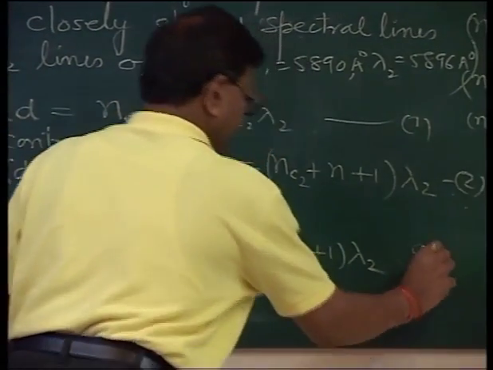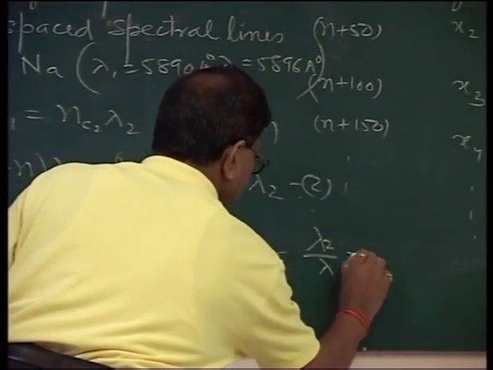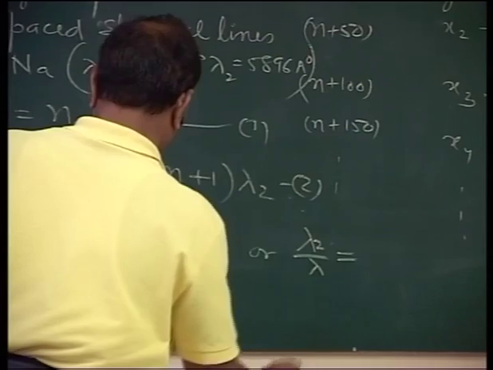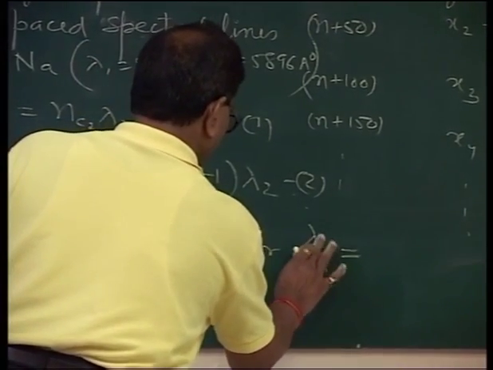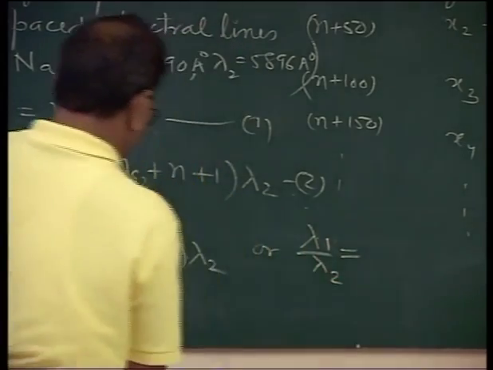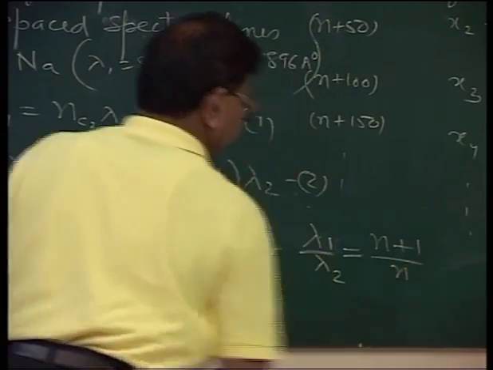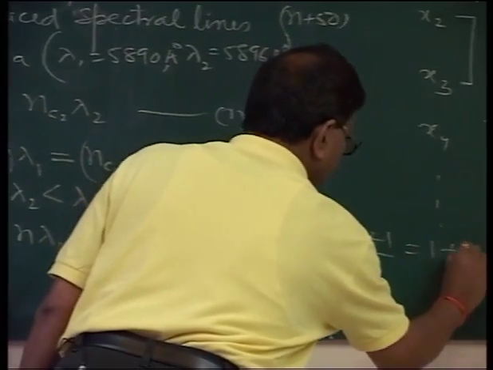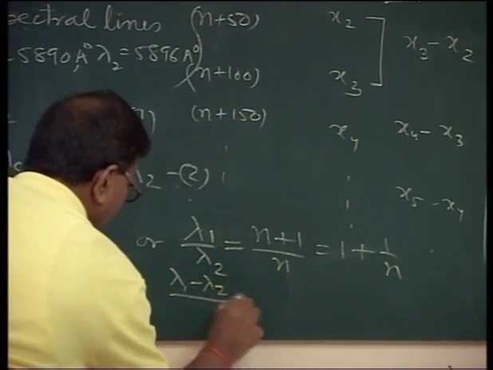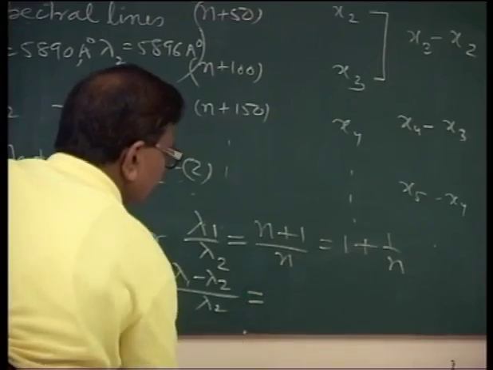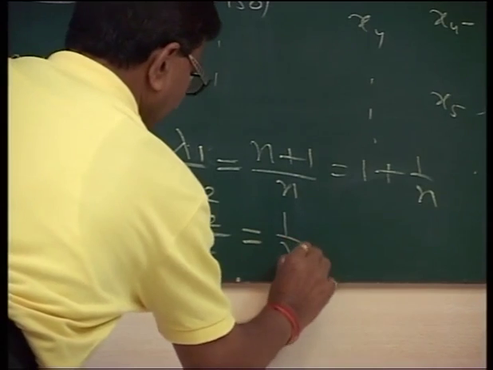Or lambda 1 upon lambda 2, lambda 1 is bigger, is n plus 1 upon n. This is equal to 1 plus 1 upon n. So lambda 1 minus lambda 2 upon lambda 2 is equal to 1 upon n.